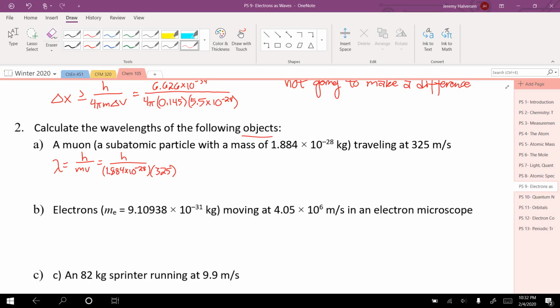Gives me an uncertainty of 1.08. Or not an uncertainty, sorry, a wavelength of 1.08 times 10 to the negative 8th meters.